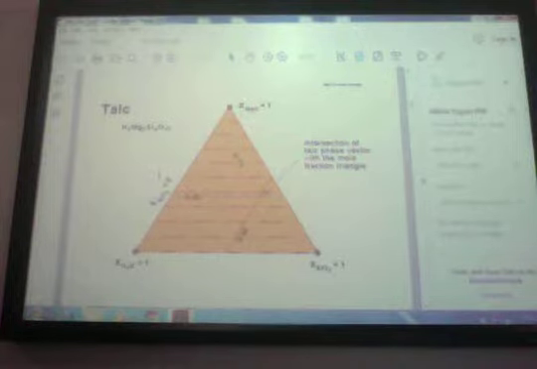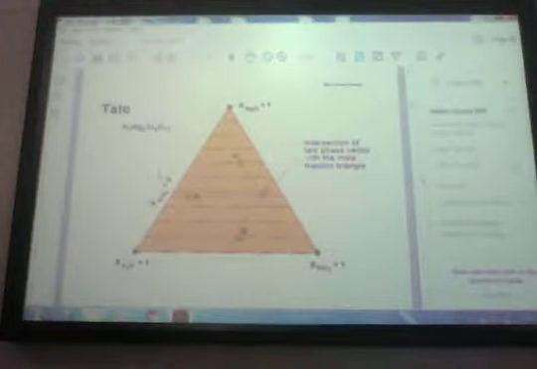That is a very important point to draw such a triangle, because such triangles are very important when you write down mineral reactions later, and they are very, very helpful.